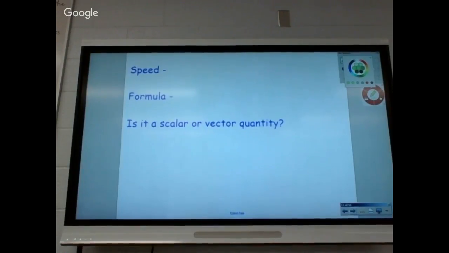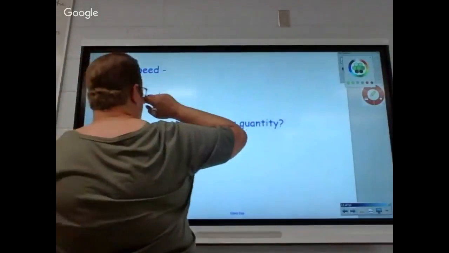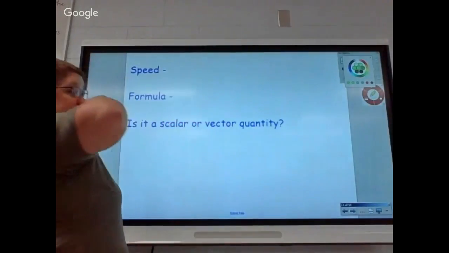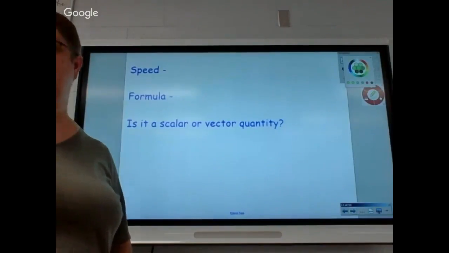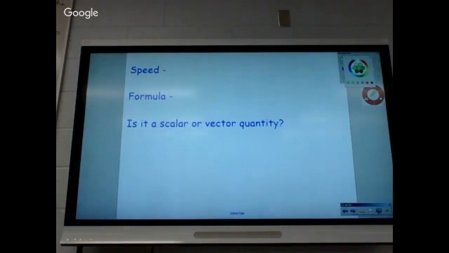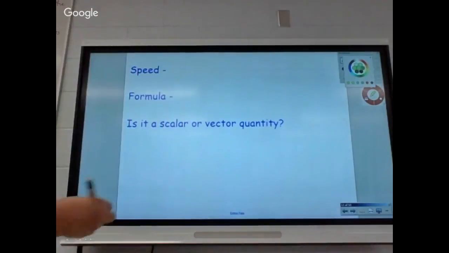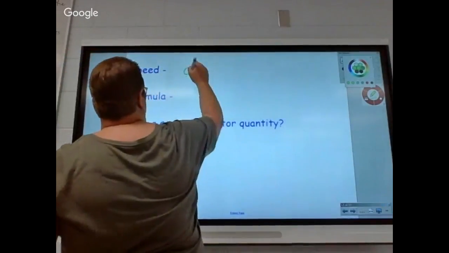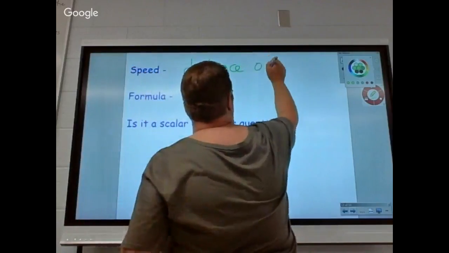So, speed. Most of you can probably tell me that speed is defined as what? Velocity is different and is very similar. We're going to talk about how that's different probably late tomorrow in class. In order to measure speed, you need a distance over a time. Speed is basically defined as a distance over a time.